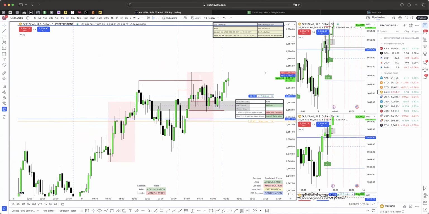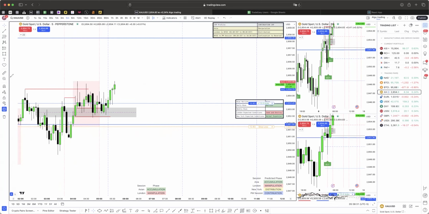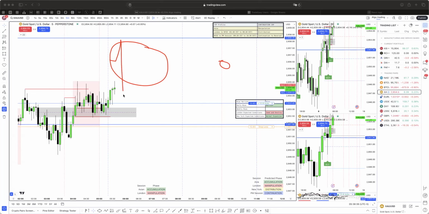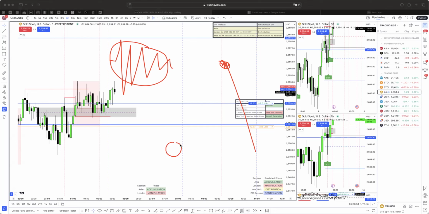So when you have the macro, and when you are outside of the macro, let's say this big one is outside the macro, this is inside the macro. When you're outside the macro, there's a lot of room for price movement. When you're inside the macro, there's not a lot of room for price movement. It has to hit and it has to move. So when you're inside the macro and price has not hit a key level, price has not done the inducement, it will do it first and then it will move.